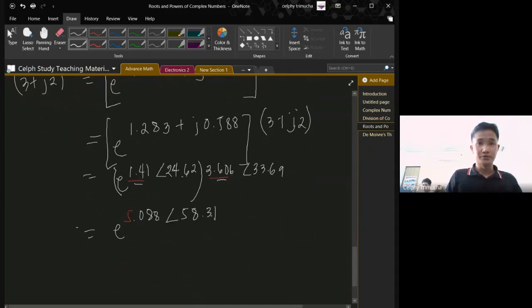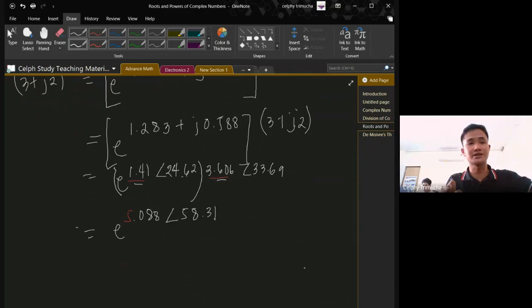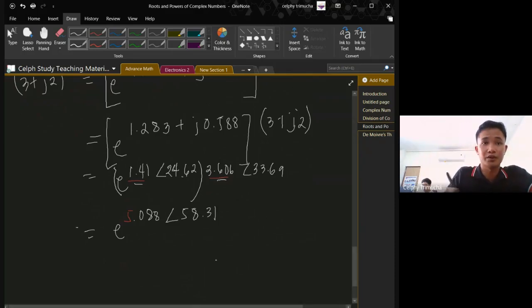58.31. So, amo na ni subong dapat atong answer ko nung kinahanglanon ng answer is expressed in exponential form. But kinahanglan naton siya i-convert into polar form kay amo na dapat ang mas insakto nga pag-express ang aton ni answer. So, express ta lang siya in polar form. So, this will be e raised to 5.088.